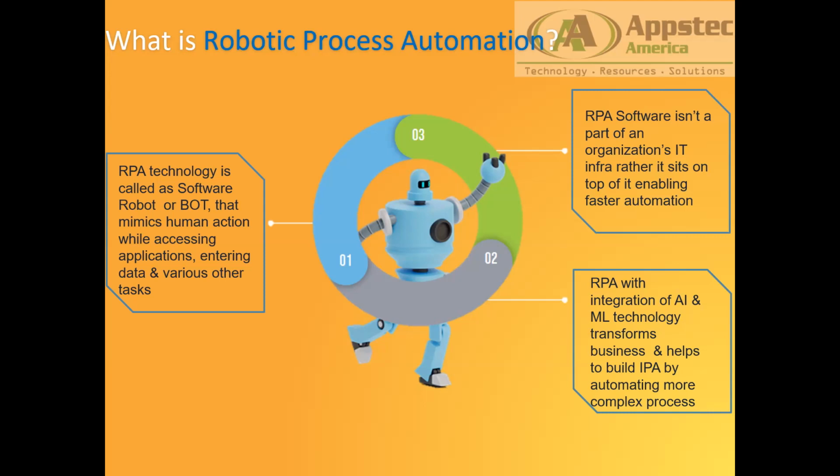So all such kind of work, when we think of getting automated, we have the platform or the technology which is known as RPA, that tries to develop a software robot which is not a typical human robot. It's a programmed software robot that tries to mimic human action while accessing any application, while dealing with data and various other tasks on the software platform.